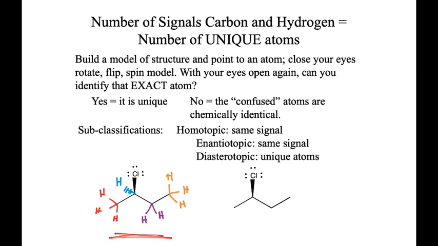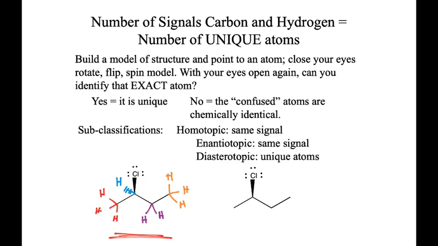Okay, and I heard 3, and I think I know why you were going with 3. We have 3 orange hydrogens, 3 red hydrogens. Are those the same? Well, no. Okay, they're not the same. Yes, they're still 3 hydrogens connected to a carbon, but would you ever confuse the orange hydrogens with the red hydrogens? No. And you wouldn't, because look where they are with respect to that chlorine.